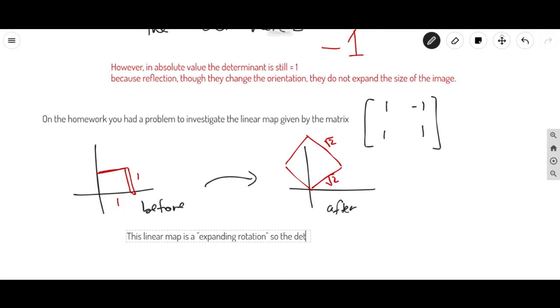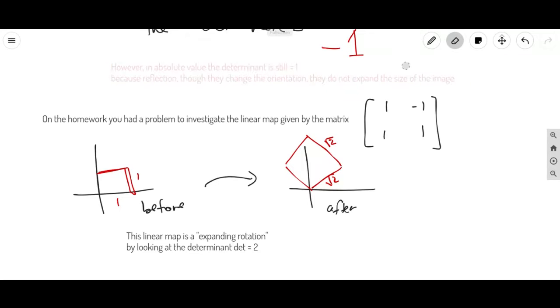So by looking at the determinant, here the determinant is equal to 2. If you calculate the determinant, this minus that will give you 2.